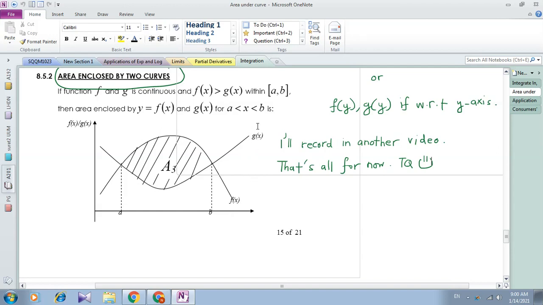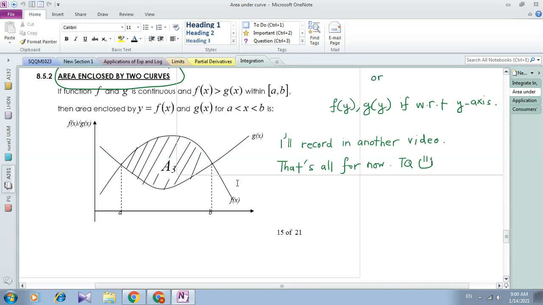Once again, if you are going to integrate, or find the area, with respect to the x-axis, then the two functions must be f(x) and g(x). If you are going to integrate with respect to the y-axis, then the functions must be in terms of f(y) and g(y).